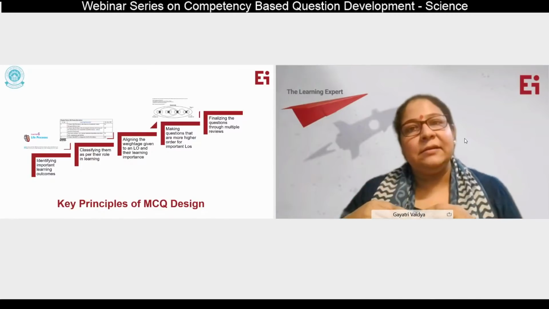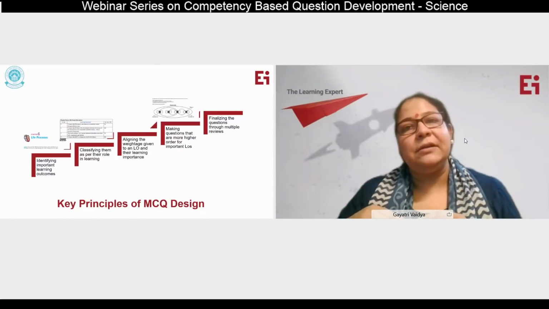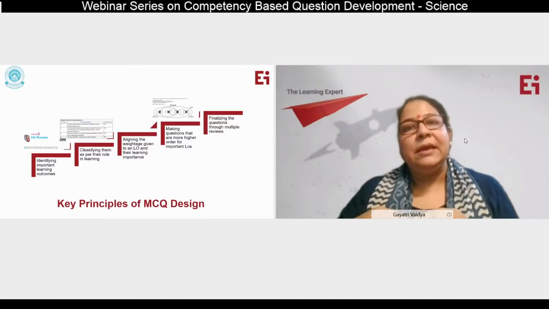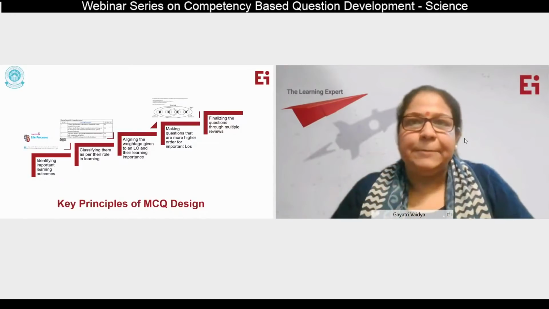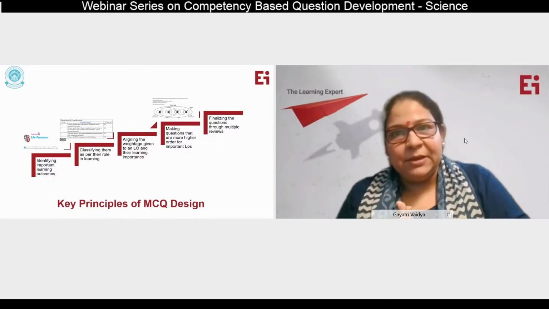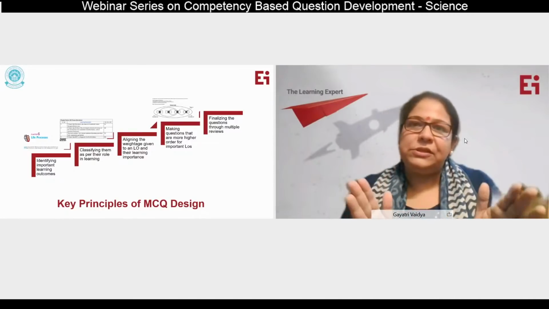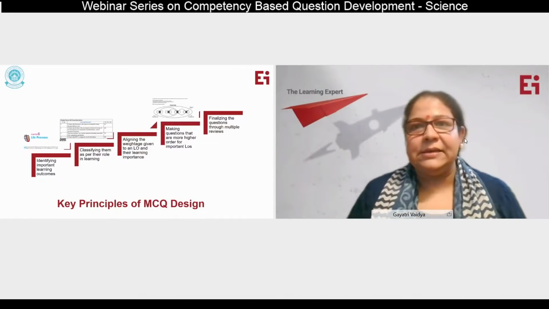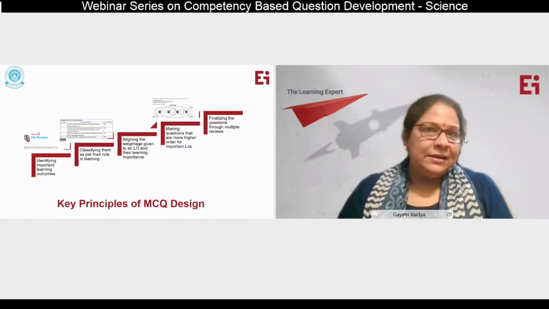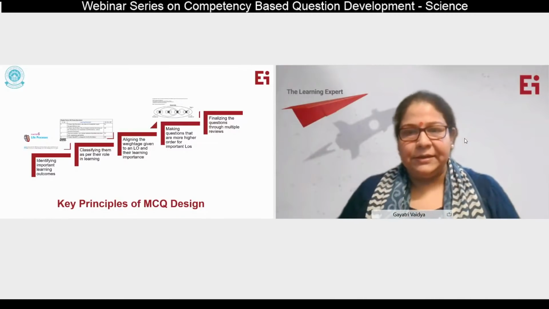These are typically those concepts which are important to be learned across grades. They are not specific to just one grade. So before we start making questions, having those learning outcomes identified is one of the important things we must do, and that in a way supports the blueprint.